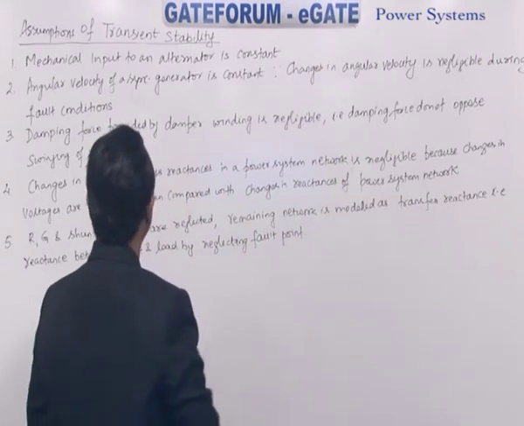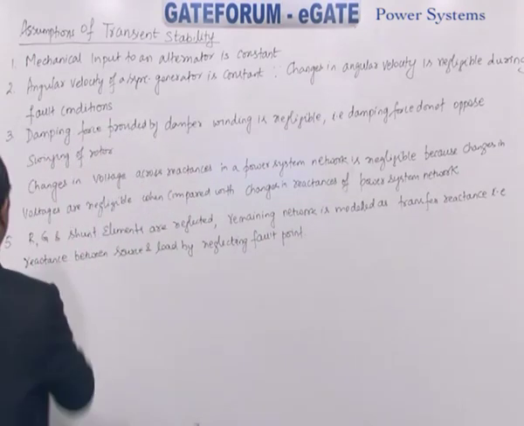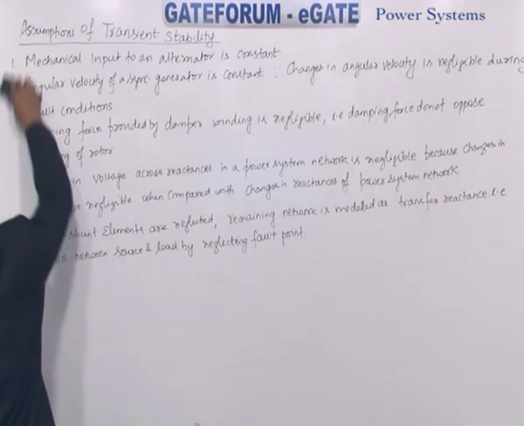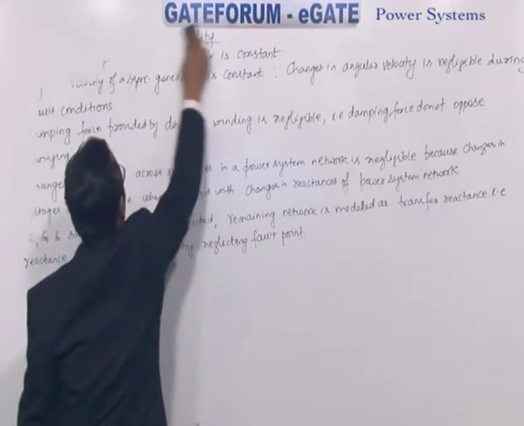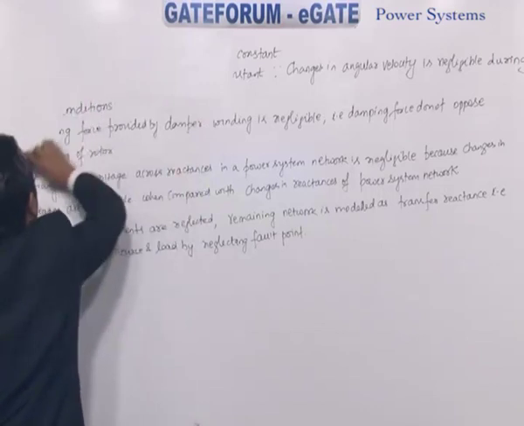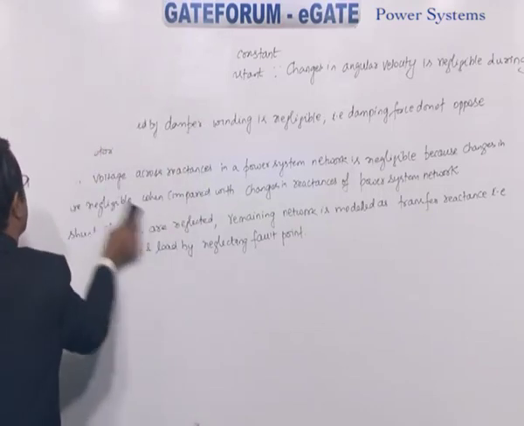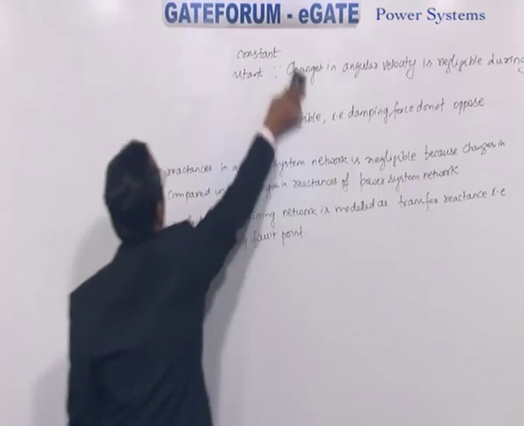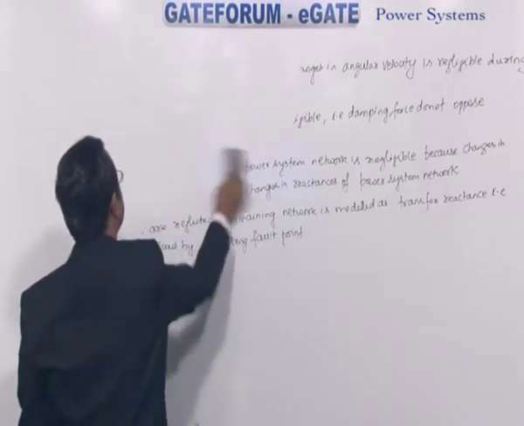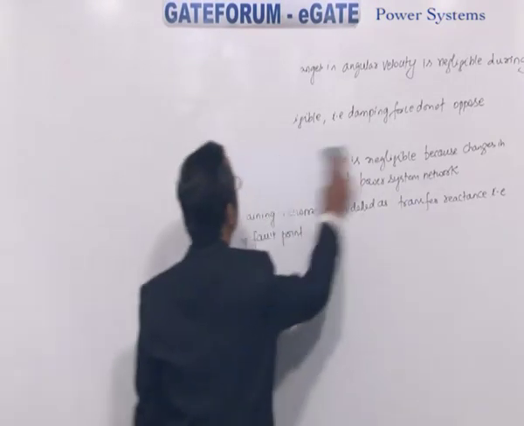So these are the assumptions of transient stability. Now these assumptions we always implement whenever we analyze transient stability of the system.